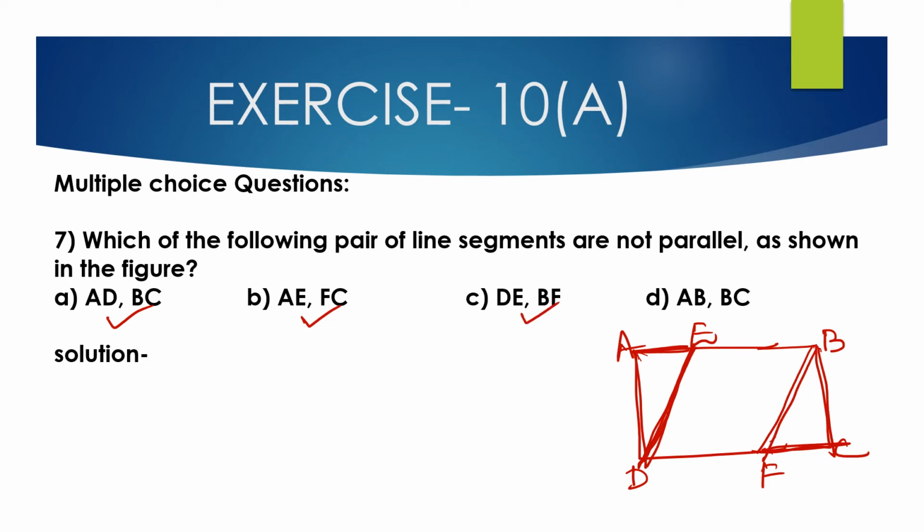And AB, BC. This is AB and this is BC. AB and BC are not parallel. So option D, AB and BC are not parallel line segments.